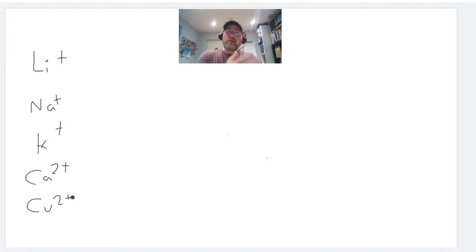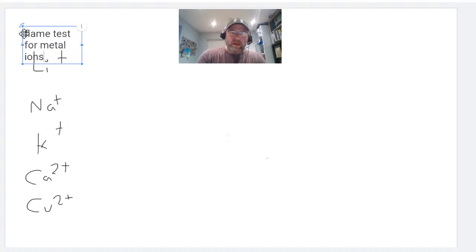So you will need to identify the positive ion. You could get a long question on identifying something. You need to carry out flame tests to identify the metal ion, and these are the flame tests for metal ions. They're going to give you the positive metal ion.